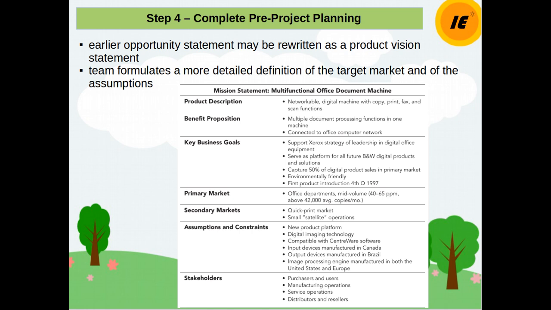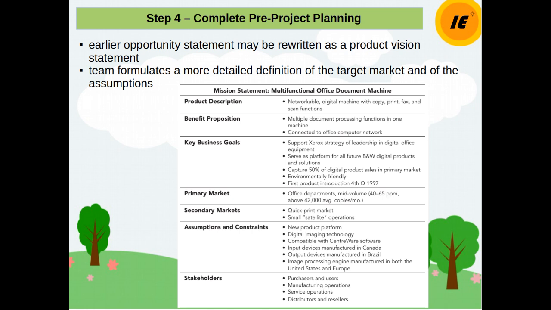And that decision should be taken by more senior-level management, which is a different thing. So assumptions, for example, here can be a new product platform, digital image technology, compatible with existing software, input devices manufactured in Canada.